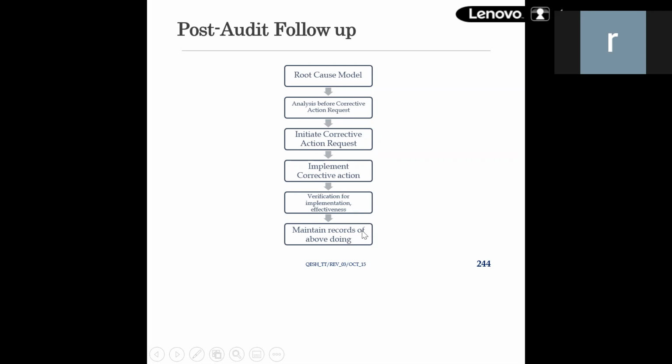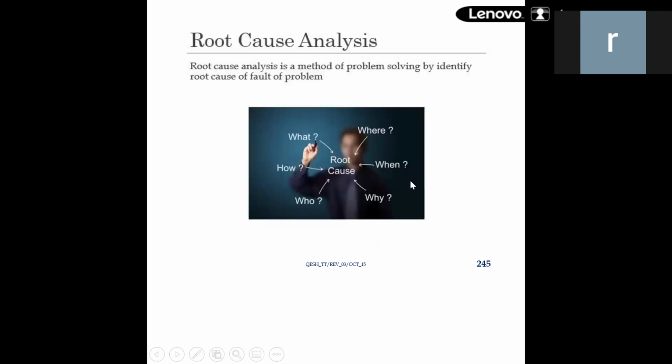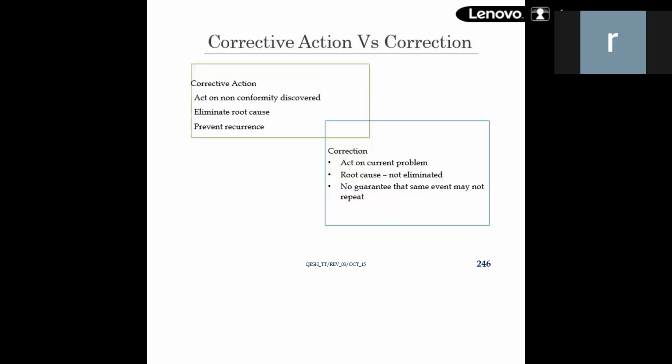Then maintain records. The root cause analysis, as I mentioned, is like 5W1H: what, why, who, when, where, and how.